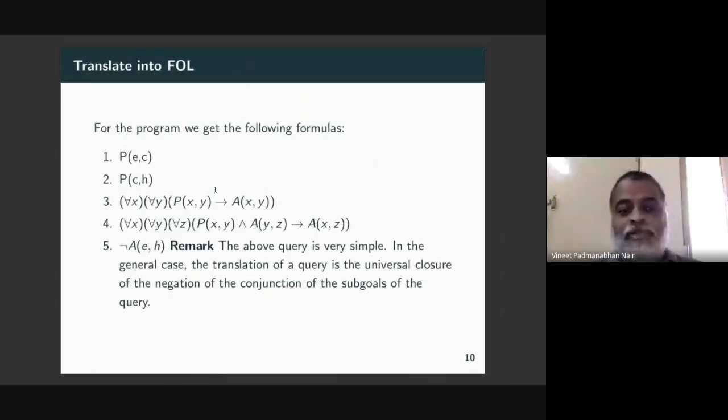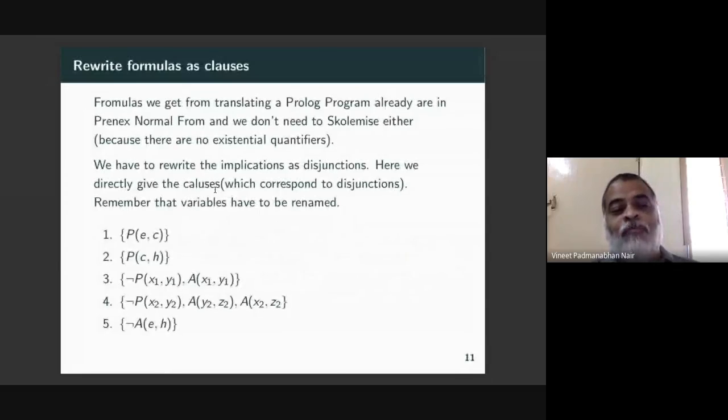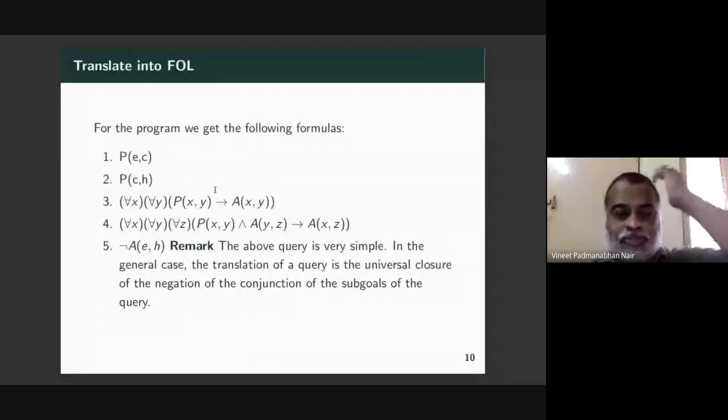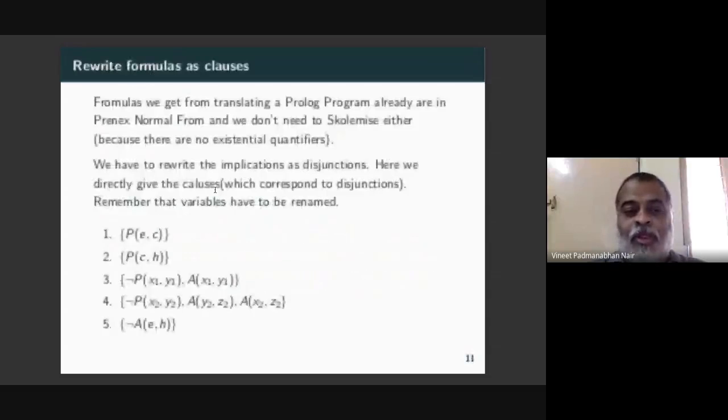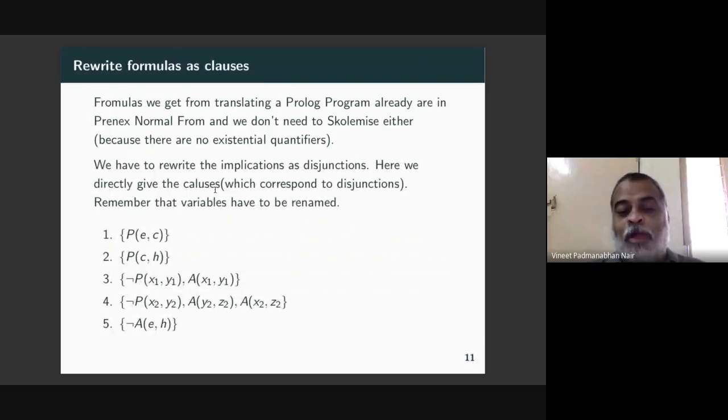So let us see the first two, P E C and P C H. You pretty much put it like that, 1 and 2. In 3, all x, and since it is a universal quantifier, you can pull both of them out. If p x y, then a x y becomes not p x1 y1, or a x1 y1, because you are renaming the variables.